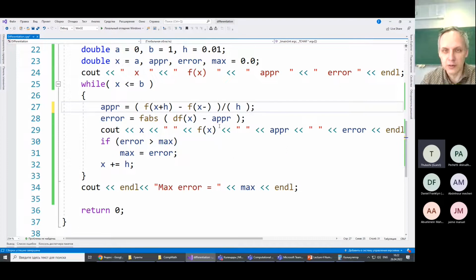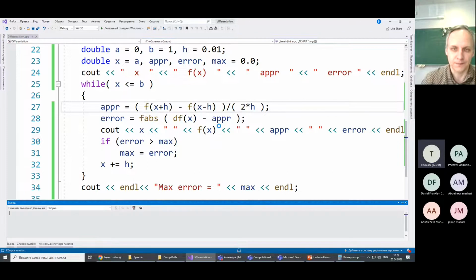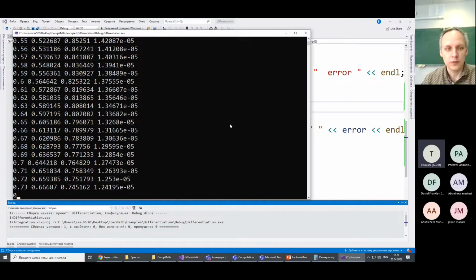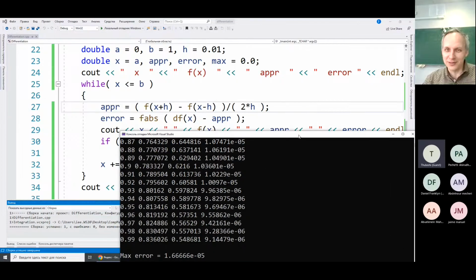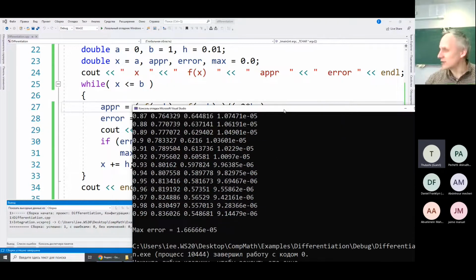What error do we have when we use another formula, the 3-point formula? The error becomes smaller. I just select another formula for computations. This formula looks very similar to the previous one, but we get an error 10 times smaller. So the result will be 10 times better.